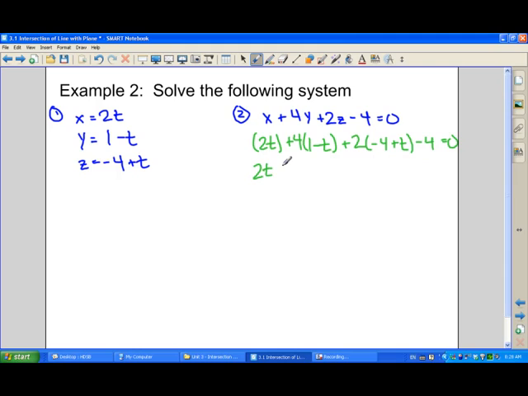Distributing, I get 2t plus 4 minus 4t minus 8 plus 2t minus 4 equals 0.